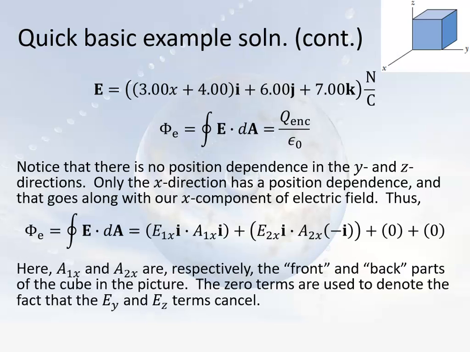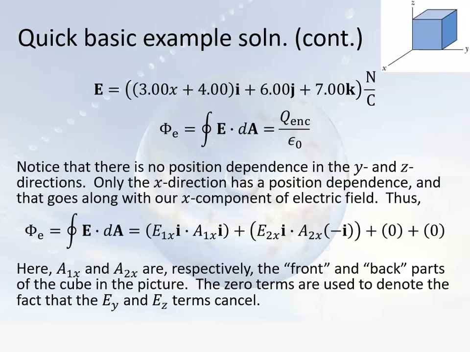So the idea here is that our closed integral over the surface is going to be equal to, well, let's just break it down. How about we say, okay, this is going to be a dot product, and each of these areas is either in the positive or negative x direction, or positive or negative y, or positive or negative z directions.